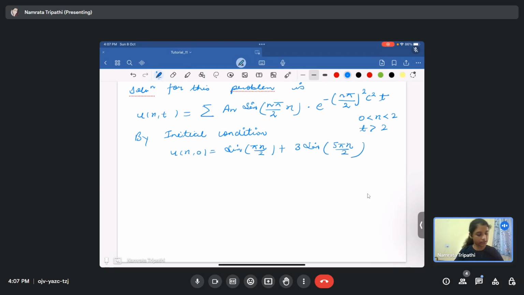So this is the initial condition. When we put t equals 0 in the solution, then the left hand side is sine pi x upon 2 plus 3 sine 5 pi x upon 2, because u(x,0) is given, equal to, by putting t equals 0, the right hand side will become An sine.